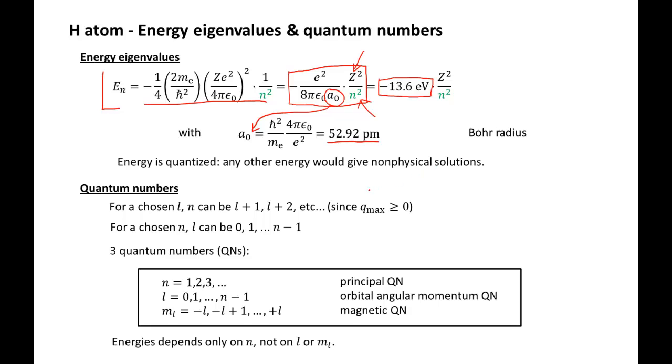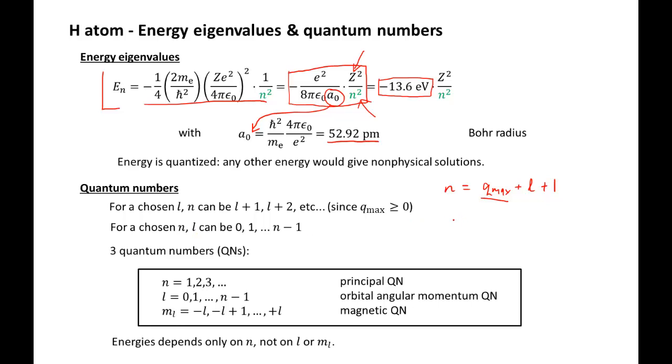So, what are the values for these quantum numbers? If you choose an L, n has to be larger than that. Remember, n was equal to Qmax plus L plus 1. So even if Qmax is 0, n has to be at least 1 larger than L. So it could be L plus 1 or L plus 2 and so on. Now we can turn this around and pick an n and ask ourselves, what values of L can we have?